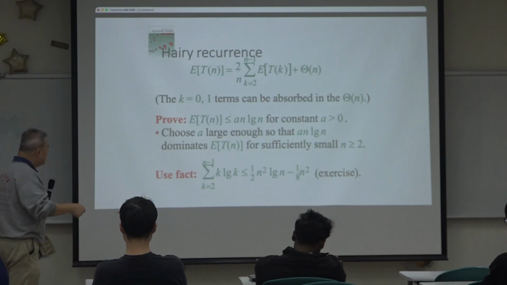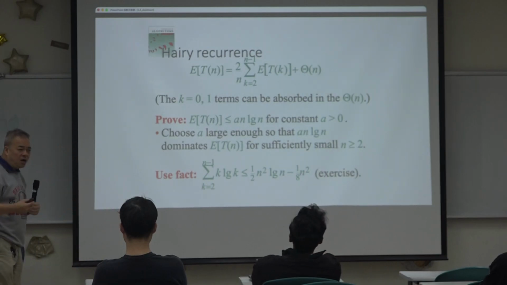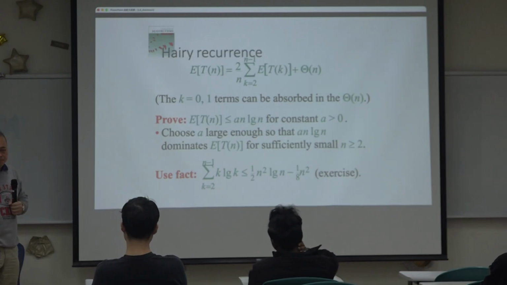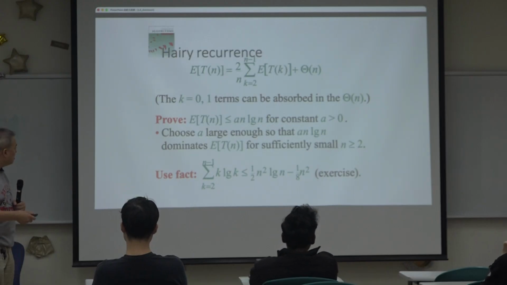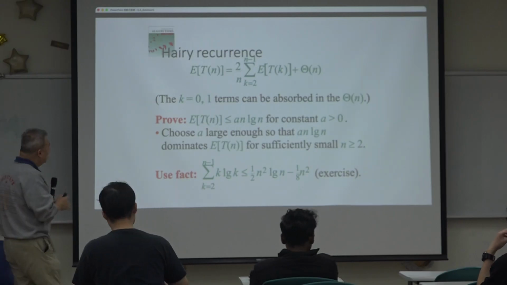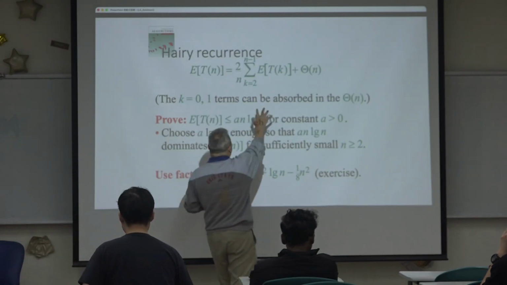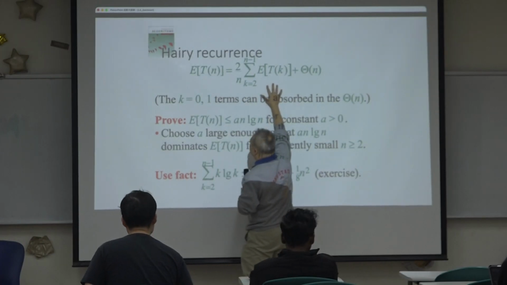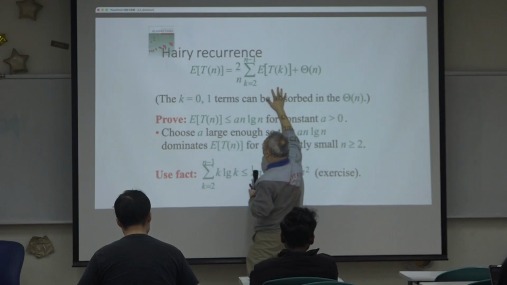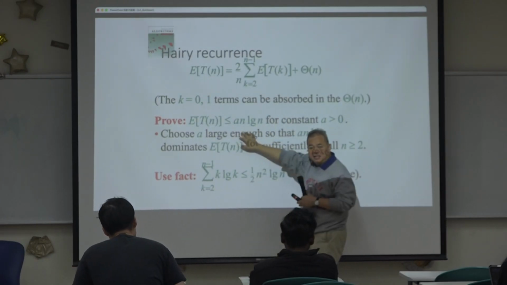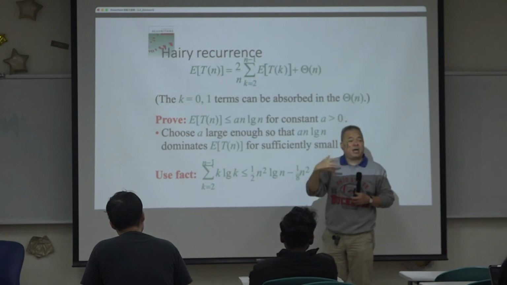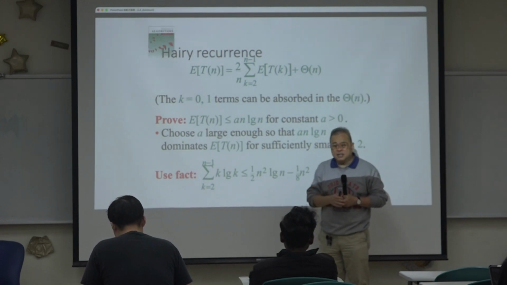Then remember how we solve a recurrence relation by induction. Because these are the lower terms, we can assume they are bounded by this. So we can replace this one by this one, according to the induction hypothesis.